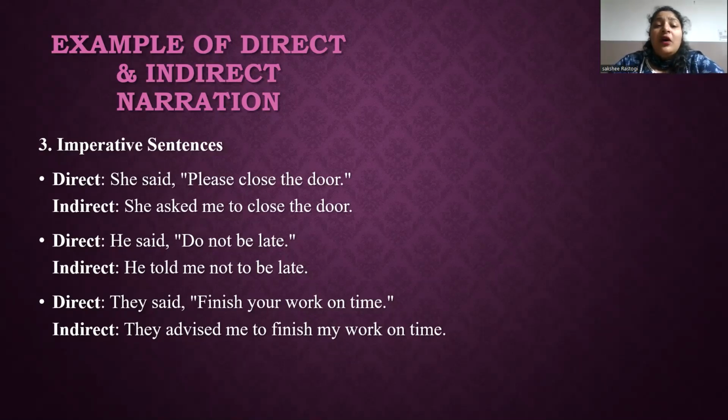Notes: direct narration uses direct quotes and reports the exact words spoken. Indirect narration reports the content of the speech without using direct quotes. Nested imperatives combine direct and indirect narration to give a command, request, or instructions about something already mentioned. So these are the examples of imperative sentences.